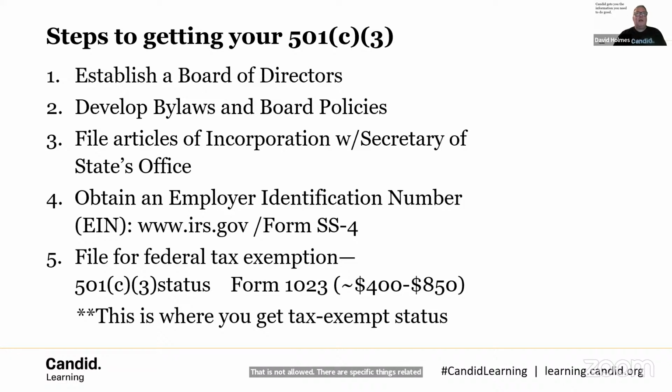There are specific things related to getting your 501(c)(3), the public charity status that I mentioned earlier. I'm going to go through these relatively quickly. I'll also say that for each of these steps, the Candid website has lots of information, for example about creating a board of directors.